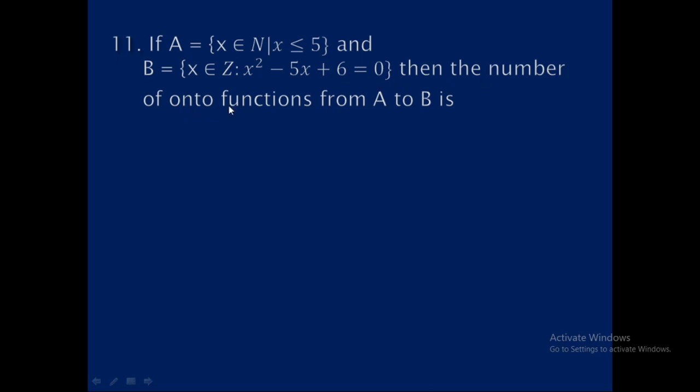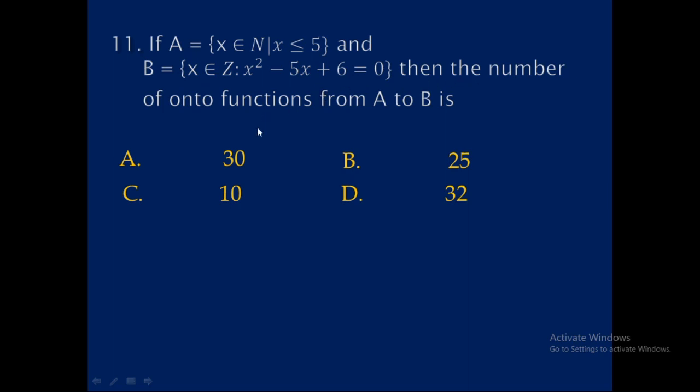Then the number of onto functions from A to B is, here you know that for onto functions from A to B, the number of elements of A is greater than or equal to the number of elements of B. Here onto functions exist. The given options: option A 30, option B 25, option C 20, and option D 32.